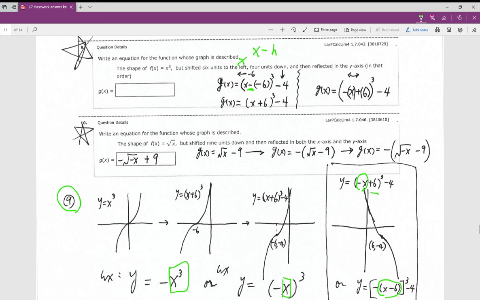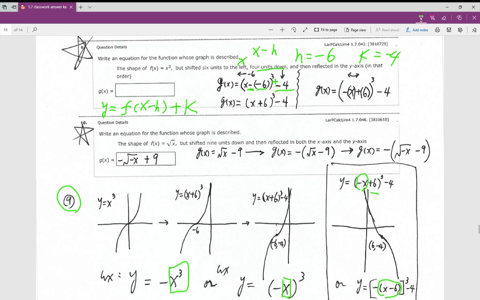So we say h equals negative 6. And then 4 units down means k equals negative 4. You plus k, so plus negative 4. You just follow the formula: y equals f of x minus h, plus k.